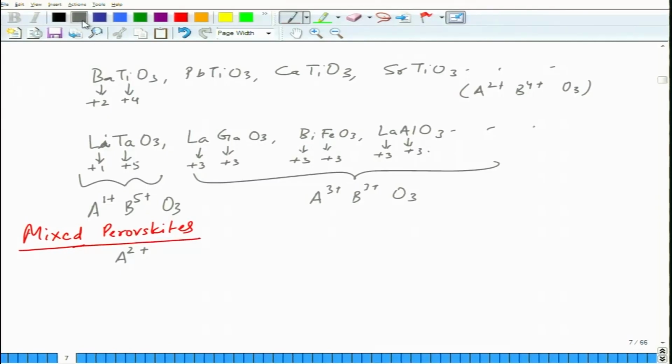So mixed perovskites will be A2+, B1 with 1 by 3 at 2+, and then you have B2 with 2 by 3 at 5+, O3. So for example, you have lead magnesium niobate.